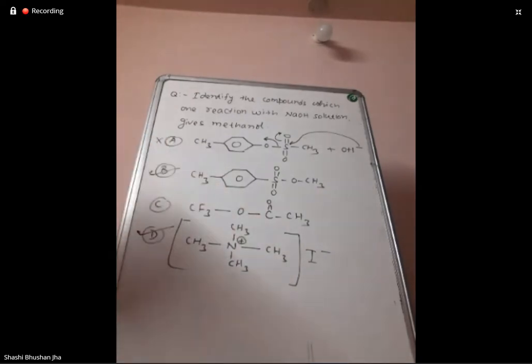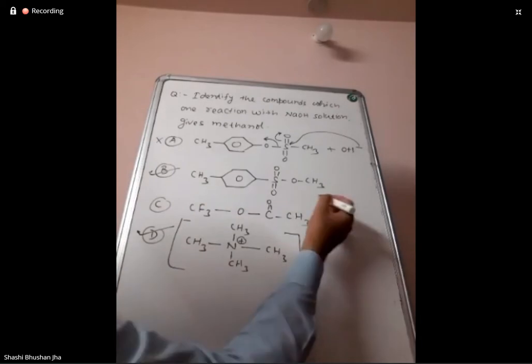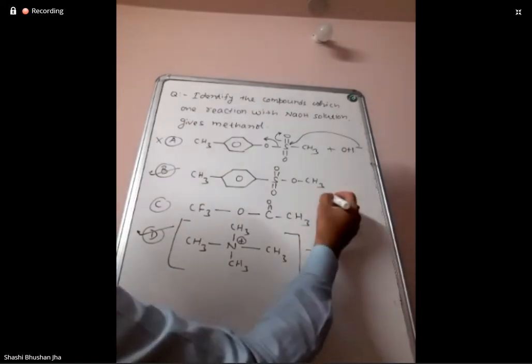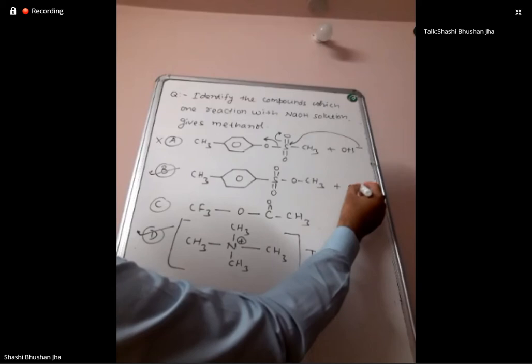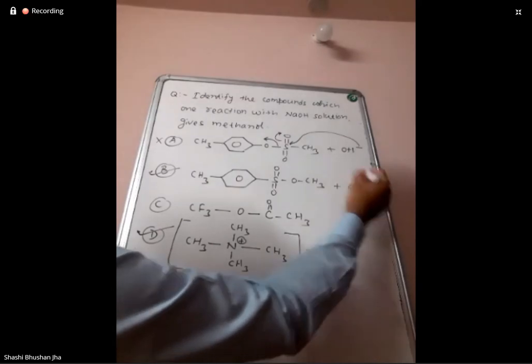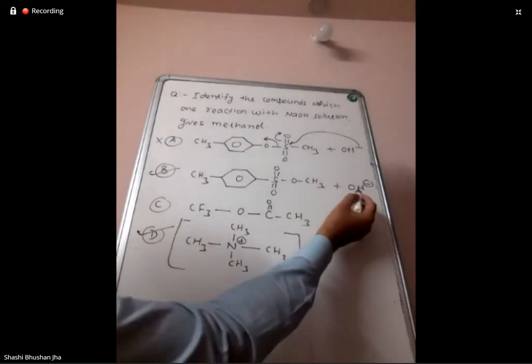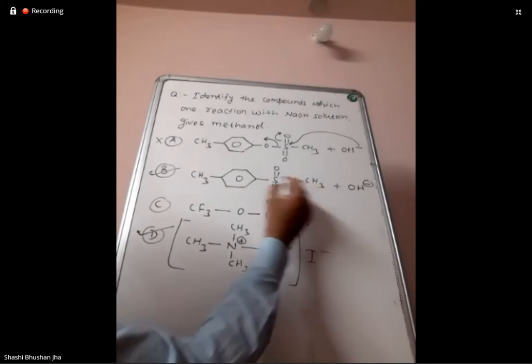You want to get methanol here. When this is reacted with OH minus, where will this OH minus attack? Will it attack on this carbon or will it attack on sulfur?